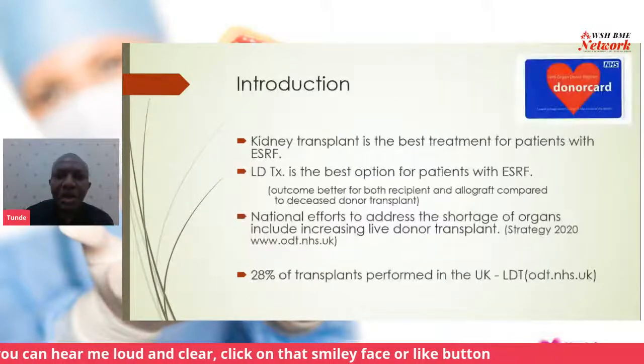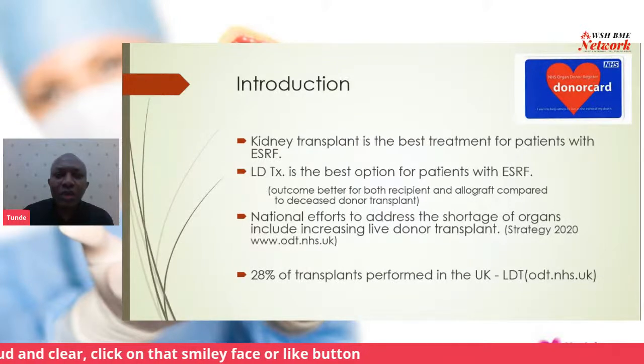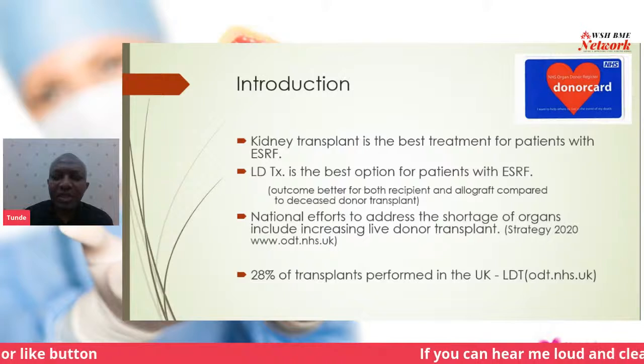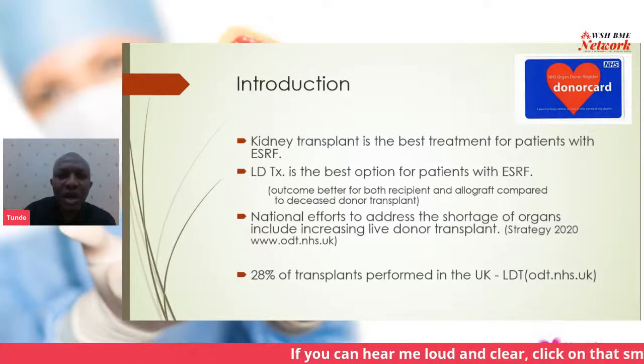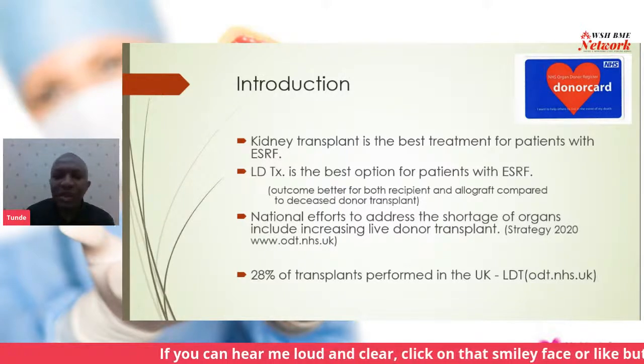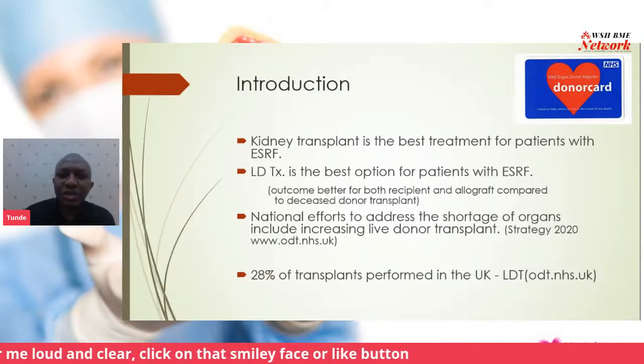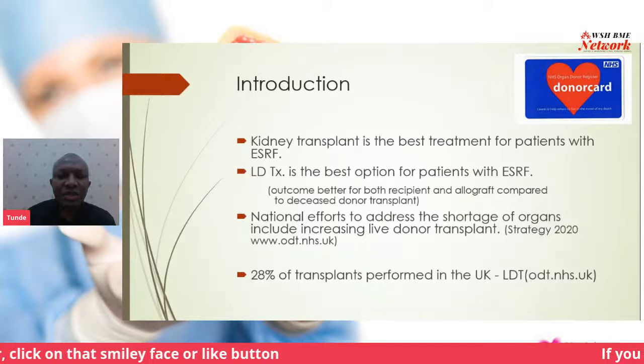Now, we know that live donor transplant is the best option for patients with end-stage kidney failure. And there have been a lot of issues regarding the shortage of organs for transplantation.